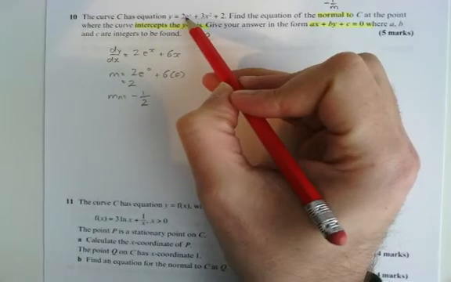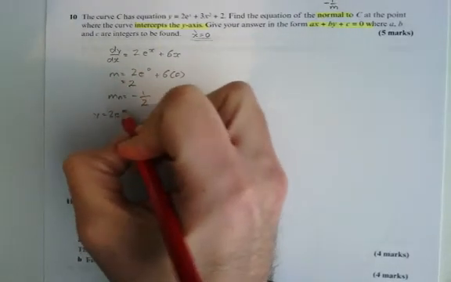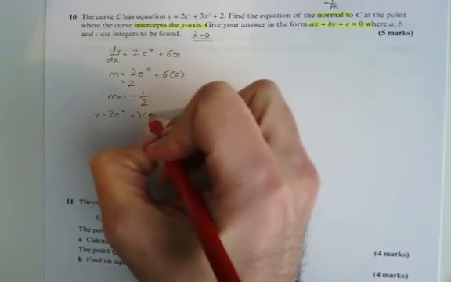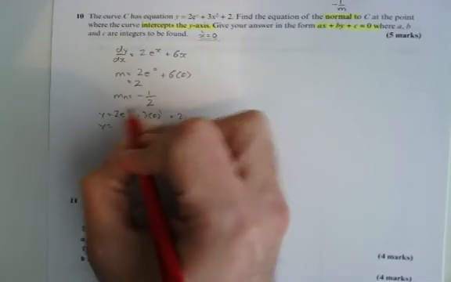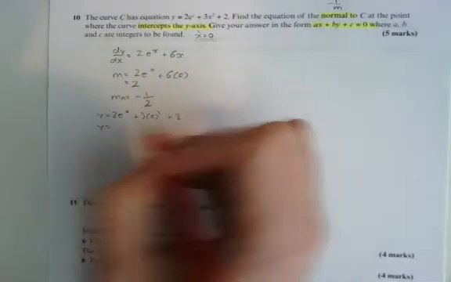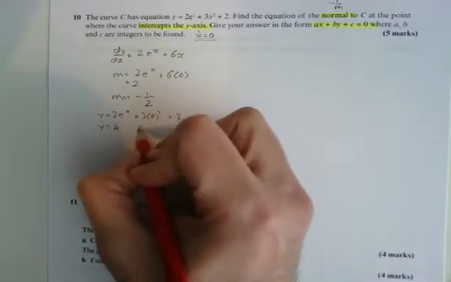That isn't true when it's e to the x. When x equals 0, y will equal 2e to the 0 plus 3 times 0 squared plus 2. Now that will equal 2 plus 0 plus 2, so it will actually be 4. So the y-intercept for this curve is actually 0, 4.